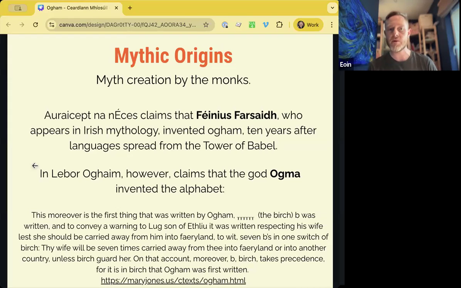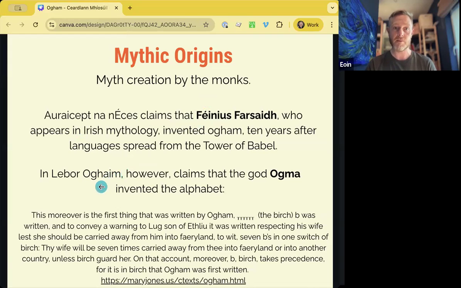But for me, it's like the monks were myth creating. So in your reading practice after this, you'll be reading about Fenius Farsaid, who appears in Irish mythology and is said to have invented Ogham 10 years after languages spread from the Tower of Babel. Okay, so that's one origin story.